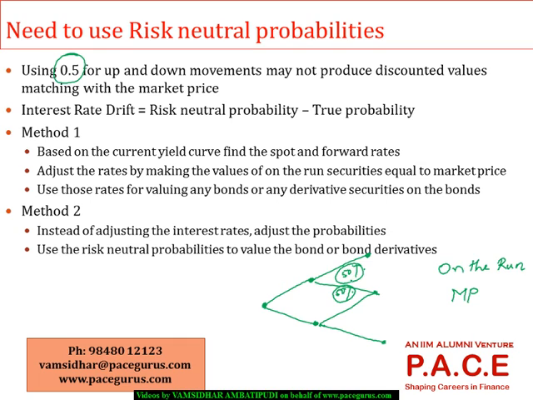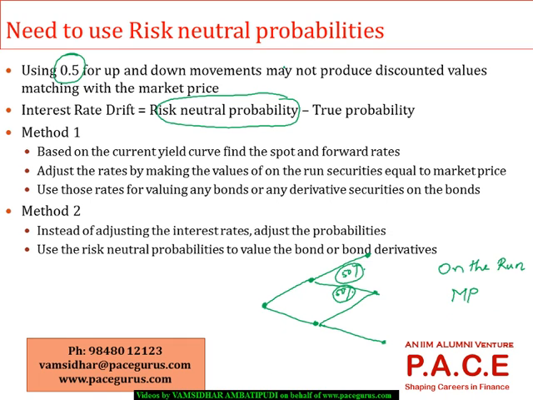Instead of 50-50, I may have to come up with 40-60, or I may have to come up with 70-30, whatever it is. That kind of probabilities that get assigned so that we match the market price, we call as the risk neutral probabilities.